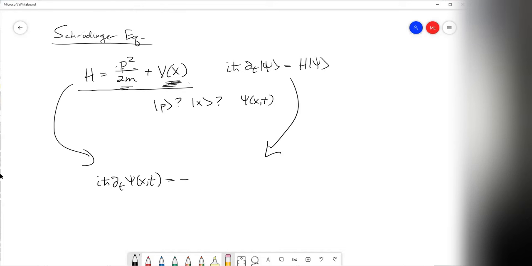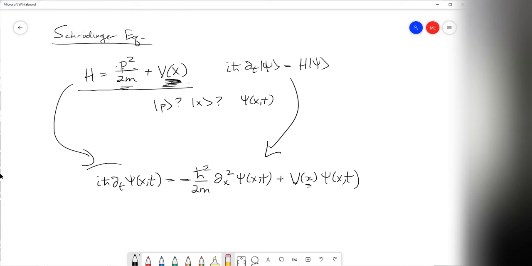This part right here is minus h bar squared over 2m, from the two derivatives, i h bar times minus i h bar, acting on the function. So you have two derivatives with respect to x acting on the wave function. This is just a function of an operator, so all it does is multiply by the same function, but now as a function of the variable x.